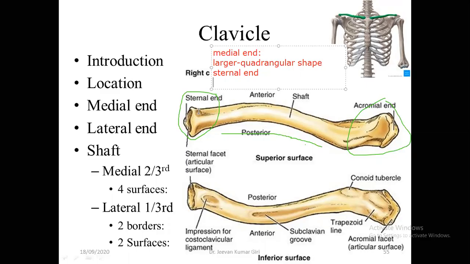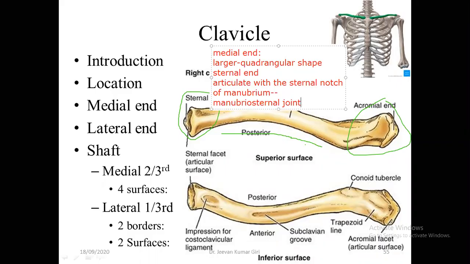This medial end articulates with the clavicular notch of the manubrium to form the sternoclavicular joint.